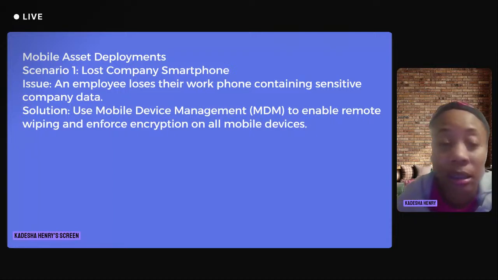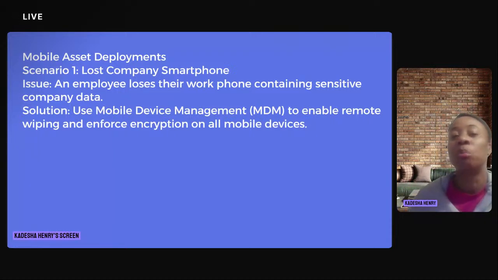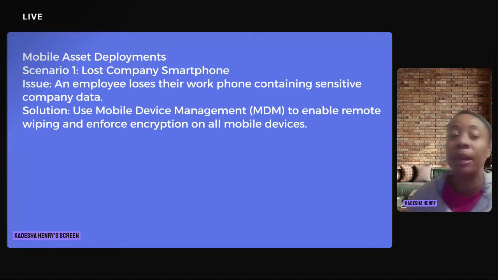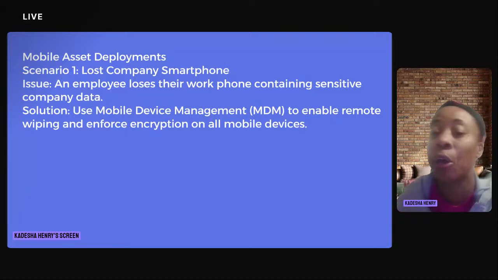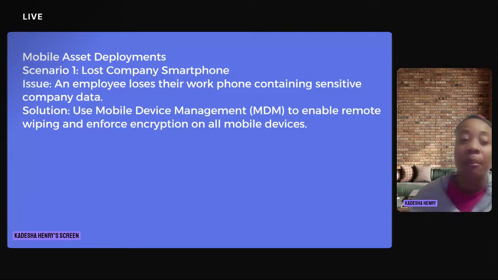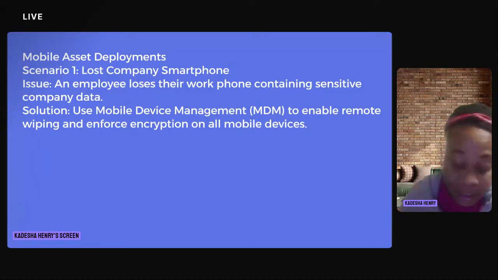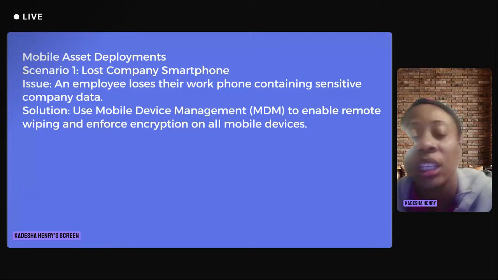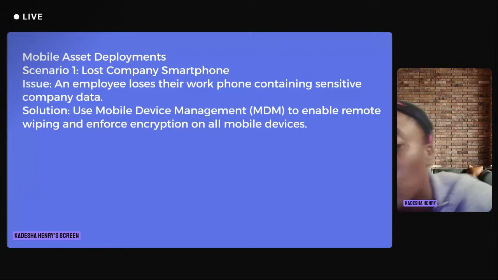But because you use mobile device management to enable remote wiping and enforce encryption on all mobile devices, right? Because you had that implemented, even though the phone is lost, you can remotely wipe the phone. You can remotely shut down the phone where it is.